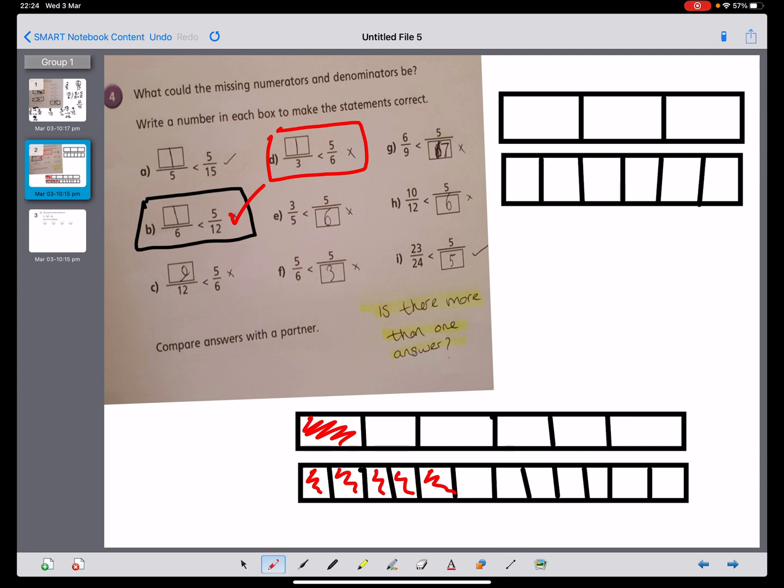So this says that 5/6 has to be larger than the other side. So if I colour these in, 1, 2, 3, 4, 5. So actually I could have 1/3, which this person has done, which means that that is correct, or I could have 2/3, which would also make it correct. So there could be lots of different answers or numerous answers for each of these.